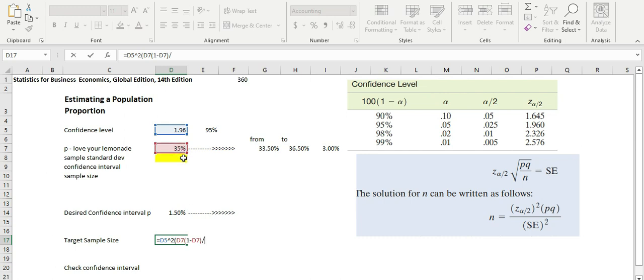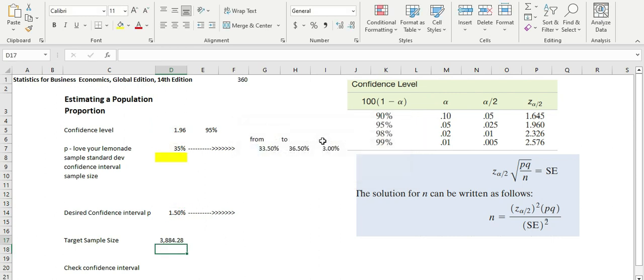SE here is the confidence interval of proportion, and then we raise that to the second power. So you will be collecting 3,884.28, or 3,885, because there are no half people.